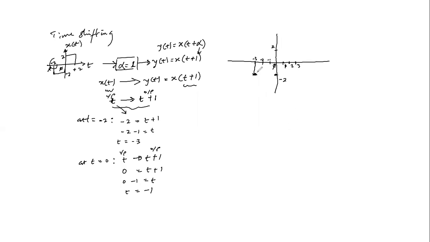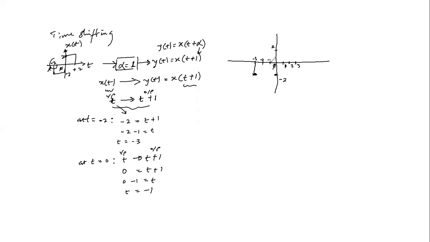It means that at t equal to 0, the amplitude is +2 at the input.